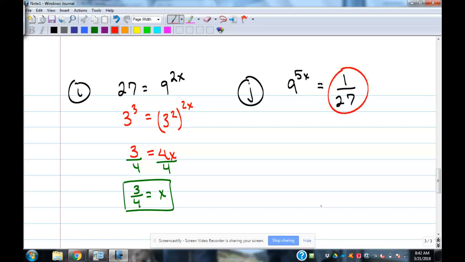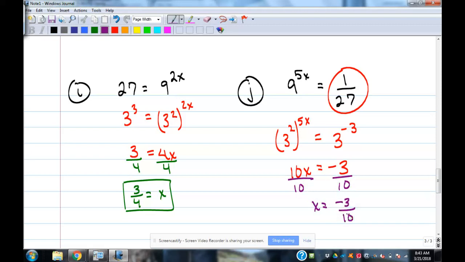This is like 27, which is 3 to the third, but it's on the bottom, so you use a negative exponent. So that is 3 to the negative 3. And then 9 is still 3 squared. Not 2 squared, but 3 squared. And then you multiply your exponents, so that's 10x equals negative 3.